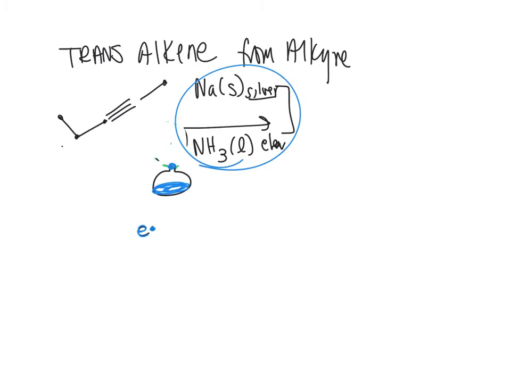And what happens here is the mechanism. It's a free radical, so the electron adds, and you have this mechanism in your book, page 480, and so the electron will add to your alkyne, you see how I have a half arrow?